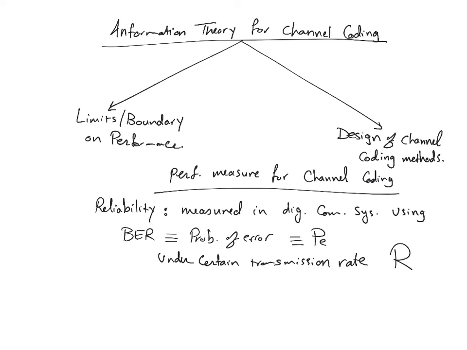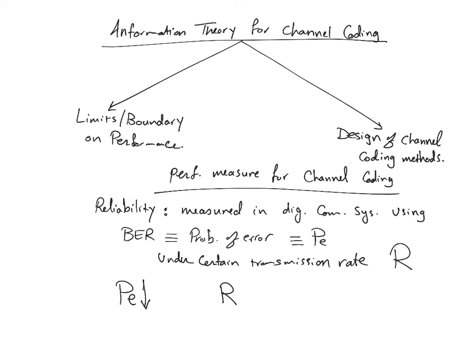Why? Because those two quantities are tied together. If you increase the transmission rate, you typically increase the probability of error. So those two quantities, the probability of error PE and the rate of transmission R, are tightly coupled. Your objective is typically to reduce PE, to reduce the probability of error, and increase the rate of transmission.